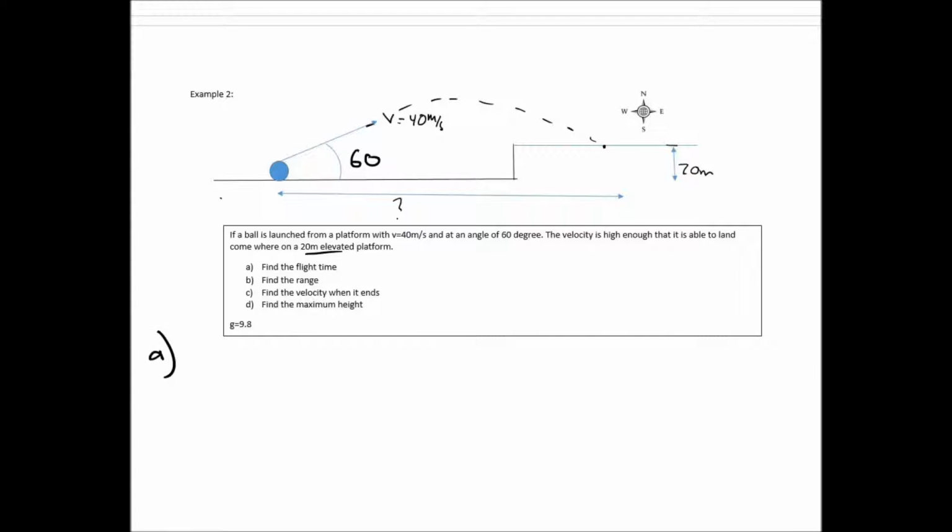The way you can do that is by using one of the kinematic equations that we've been using, delta dy equals v1y t plus 1 half ay t squared. Let's just say this point is 0, 0, or d1x, d1y, and this point is d2x and d2y.